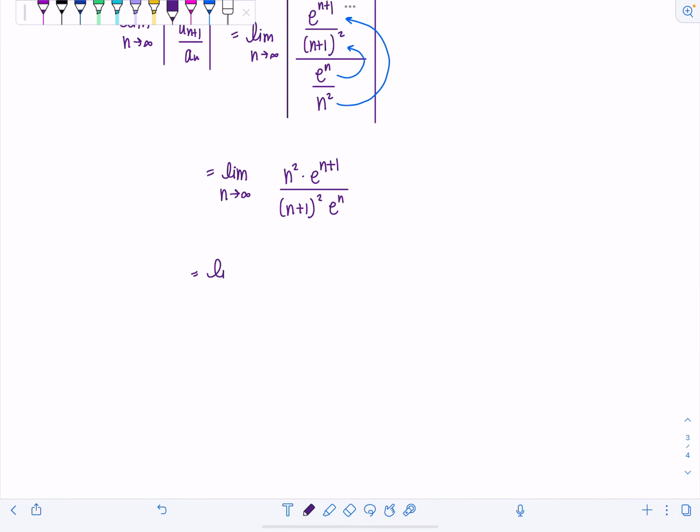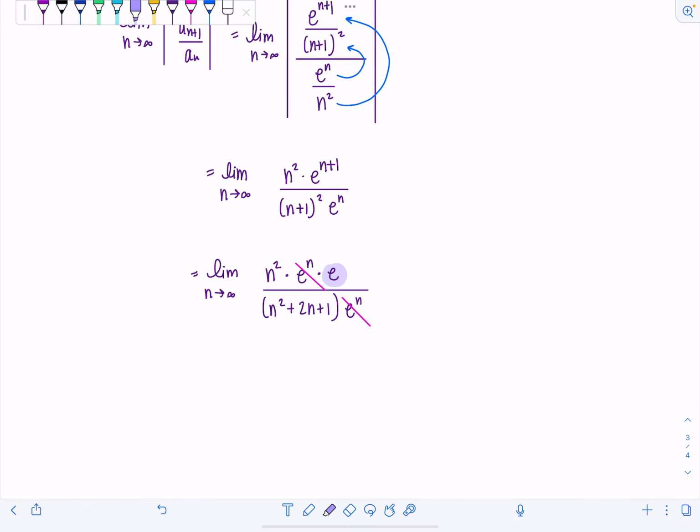This is the limit as n approaches infinity of n squared times e to the n times e, over, I'm just going to multiply this out, n squared plus 2n plus 1 times e to the n. Notice something? Yes, e to the n cancels out.